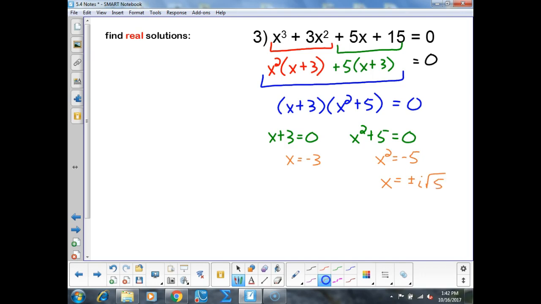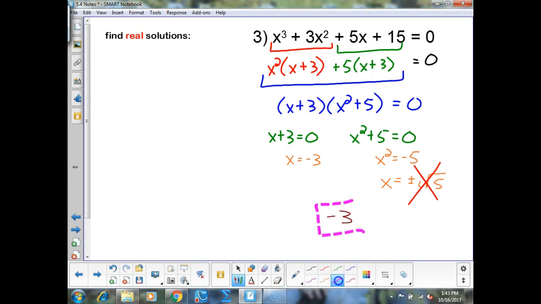But I don't like that one because it's imaginary. So only negative 3 is my answer. Okay. Questions on that one?